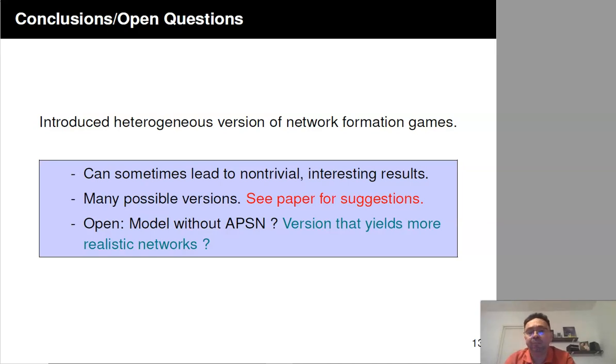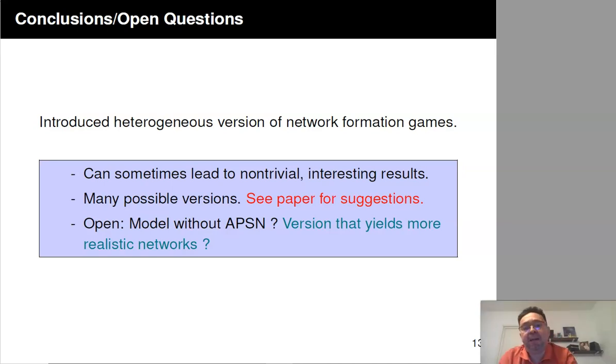We don't see our results as providing more than a start to such an investigation. We see it as a proof of concept that it is feasible to mathematically and rigorously analyze centrality games where agents may have different types of centrality objectives, and we give many possible versions. See the paper for a couple of such suggestions.